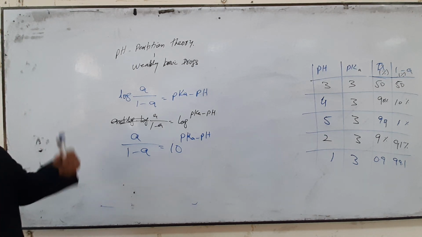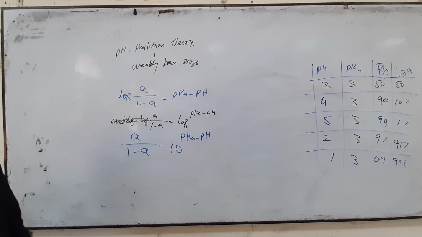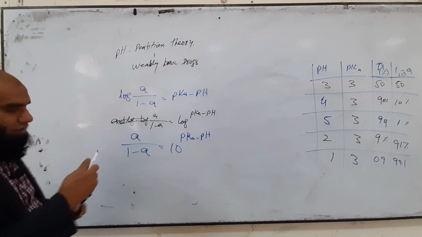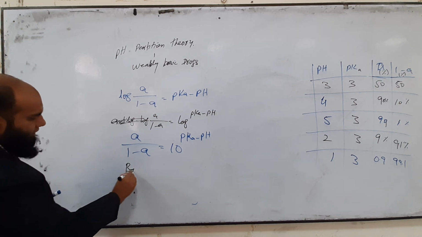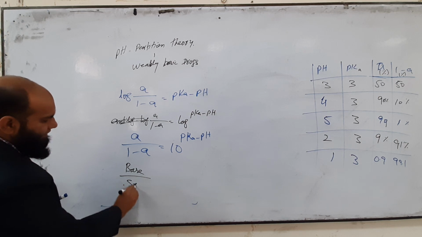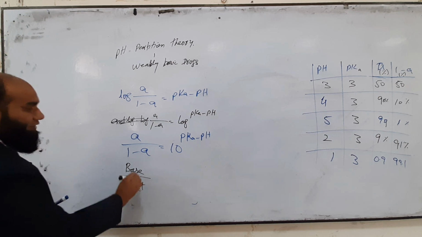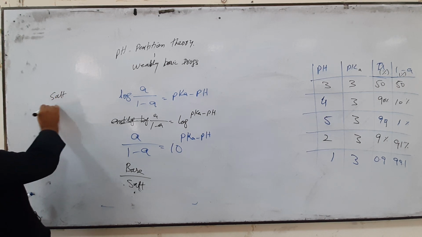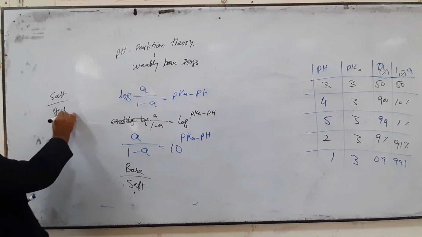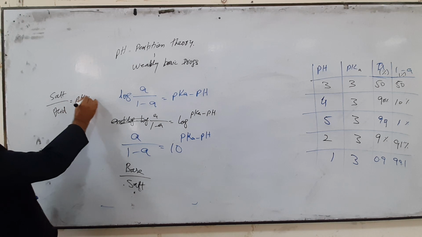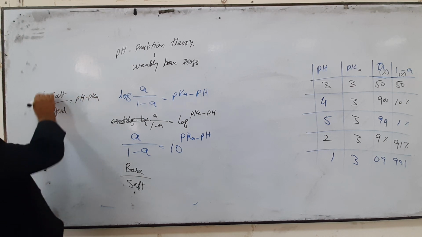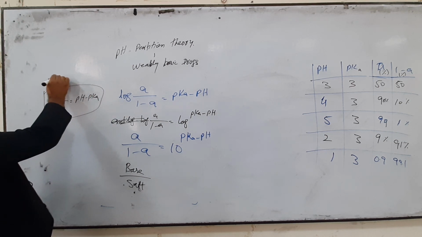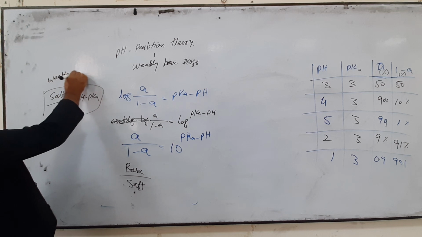Same case, we can also write another way; that equation is for the weakly basic drug. For example, the base divided by its salt. Remember, in case of acid, we write its salt divided by the acid, which was equal to pH minus pKa for weakly acidic.